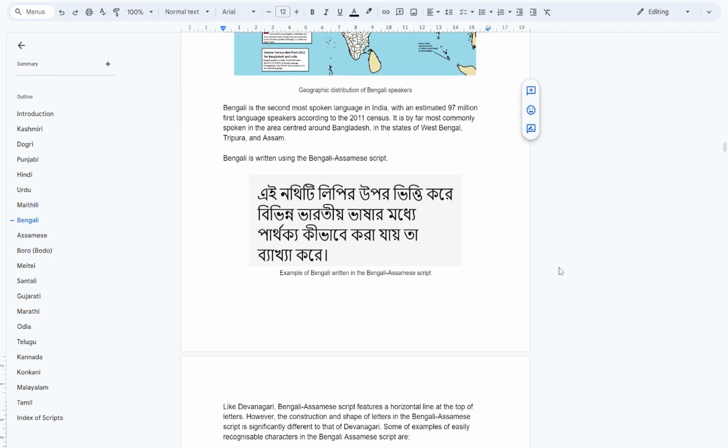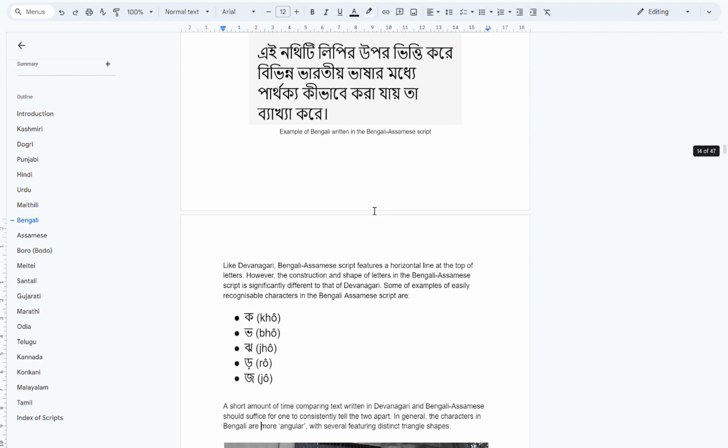Bengali is written using the Bengali-Assamese script, and at first glance this can look very similar to Hindi, and it's easy to confuse this script with Devanagari. They both feature a horizontal line at the top of the letters. However, the construction and shape of the letters is quite different.